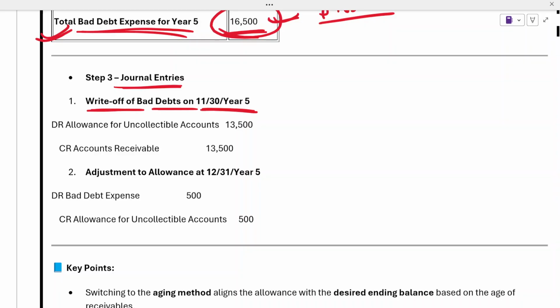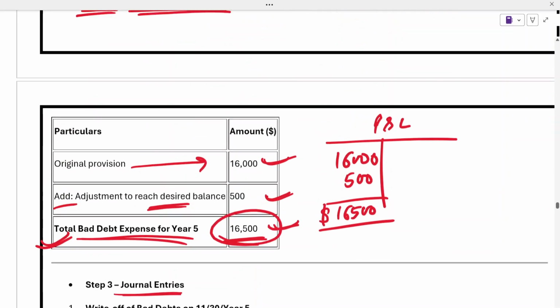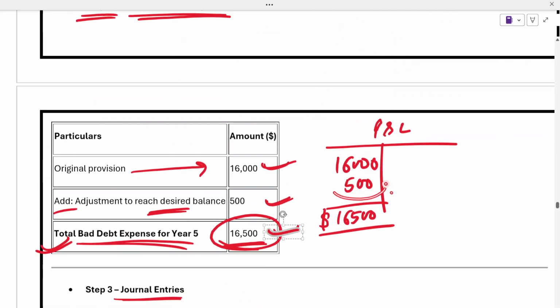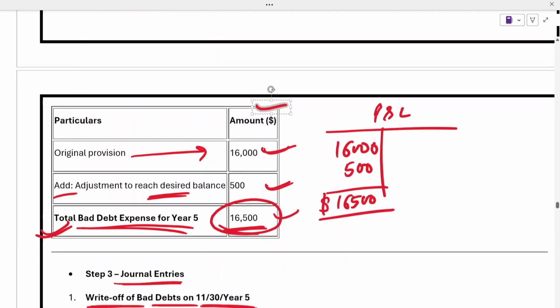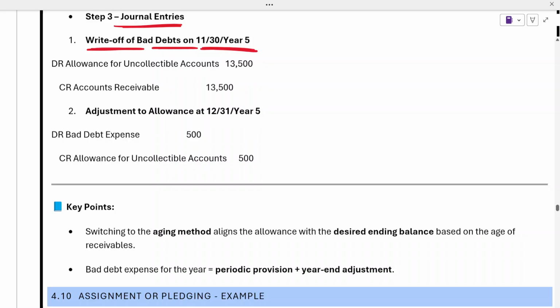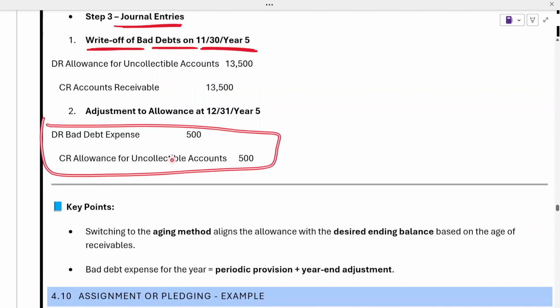Similarly, at the end of the year, we are also creating an allowance for this additional $500. So we will be passing an additional entry for that, debiting the bad debt, because this bad debt will be charged to P&L and we need to debit that expense, and we are transferring that money to the allowance for uncollectible accounts, which is our $500. So debiting the bad debt and transferring it to the allowance. So this was our next entry.